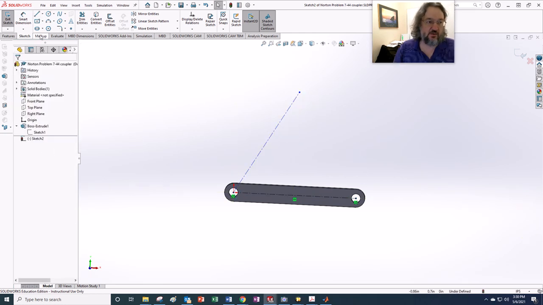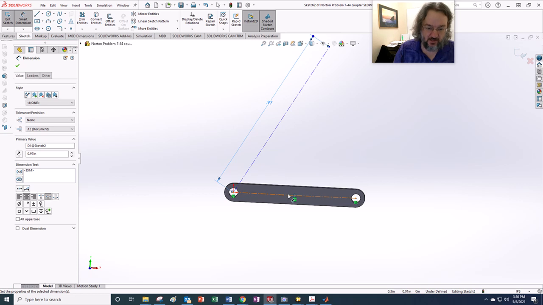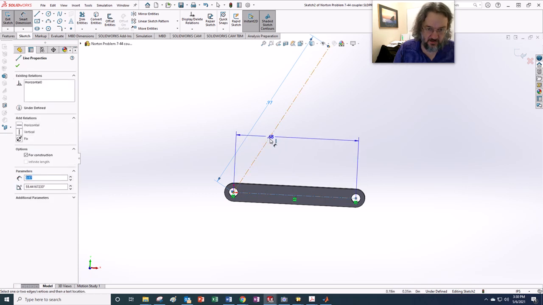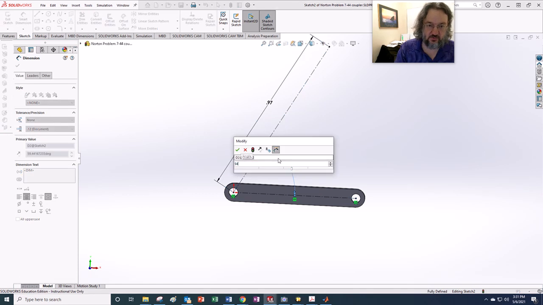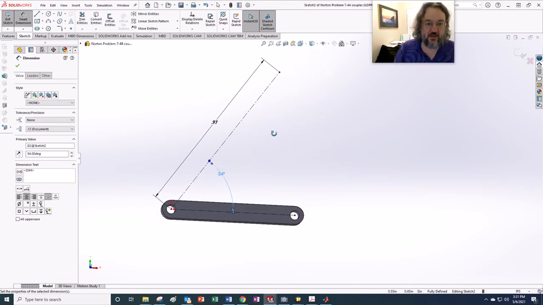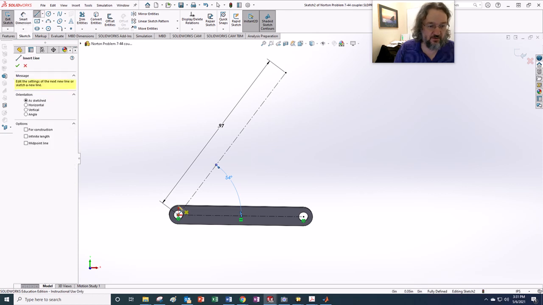All right. So let's see. The length, that's called AP, and that's 0.97 on here. And the angle of this thing is 54. Okay, and now the other parts of the thing just need to go to a point right there, so it's easy.